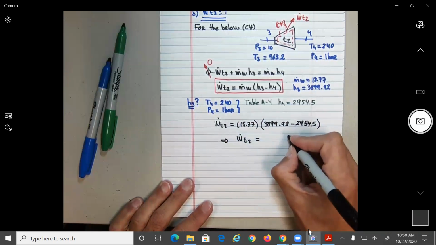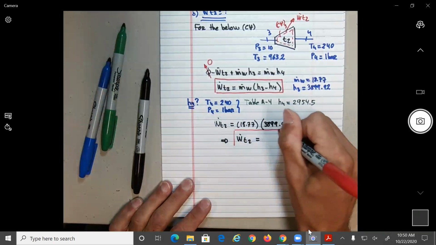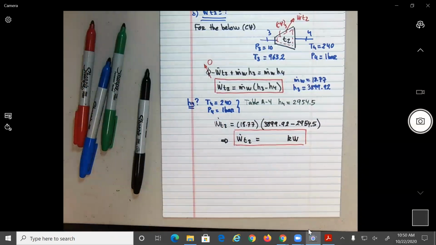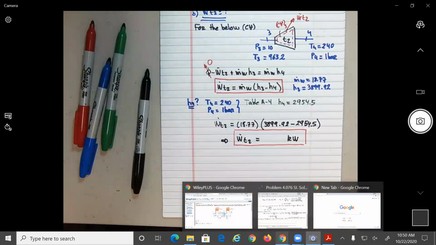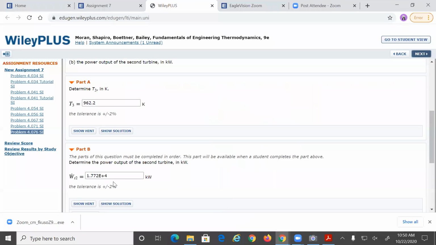And this should be in kilowatts. And hopefully we should get something close to 1.772 times 10 to the 4 kilowatts.